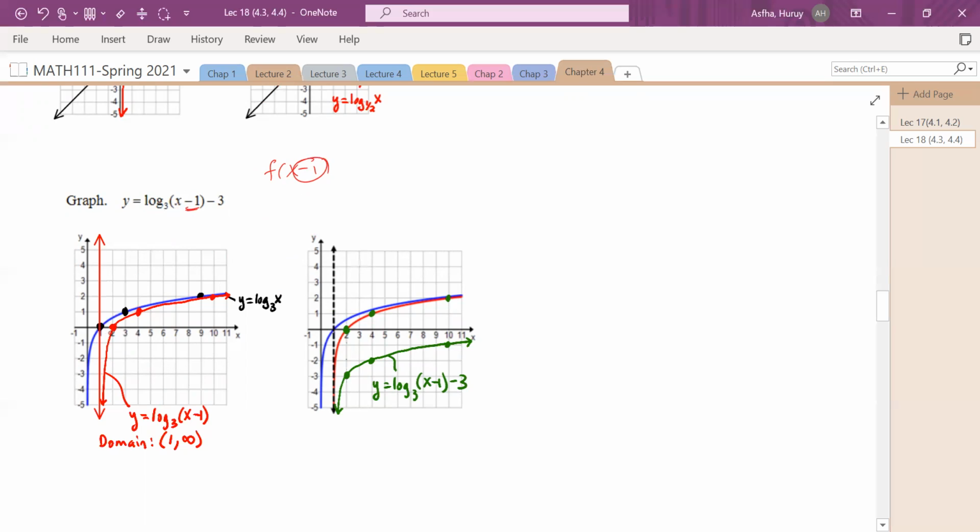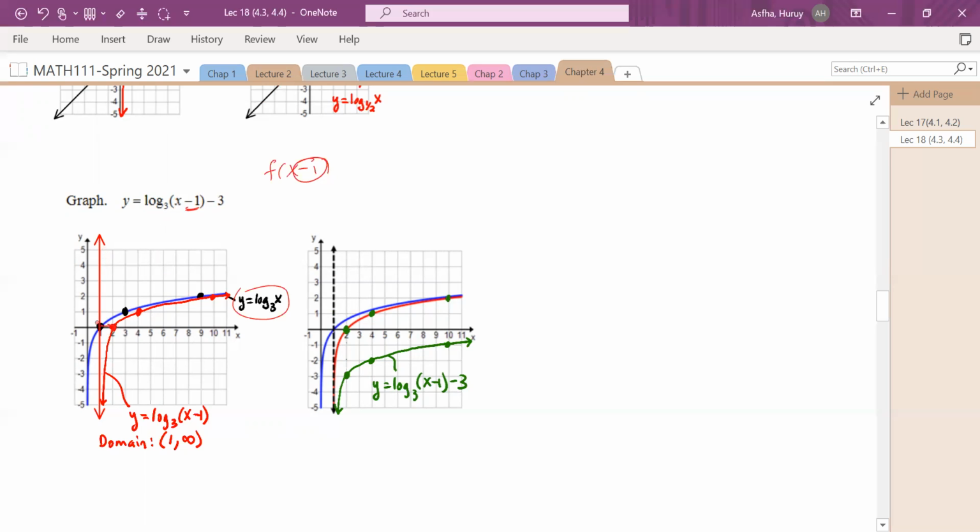So the blue is y equals log x base 3. So this is the base function. We start without this -1 and -3, okay? And that's what we call the base function. And then the next will be shifting to the right by 1. We shift it from 1 to 2.